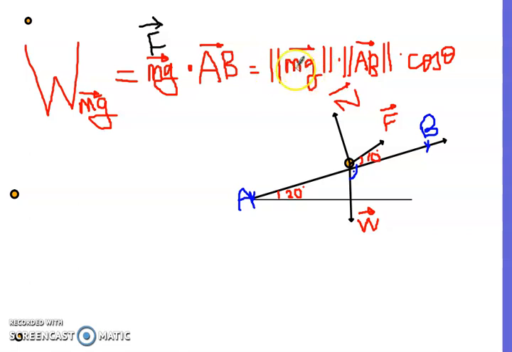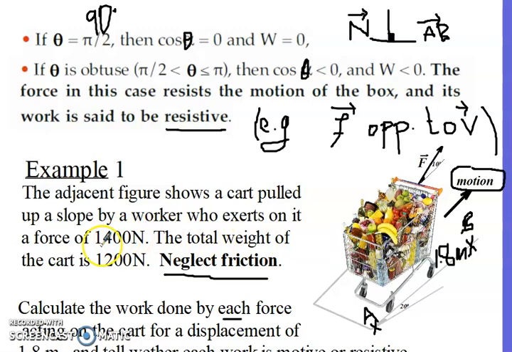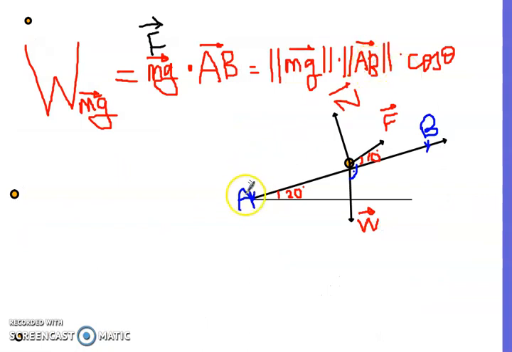Now what is the norm of the weight? Here the weight is given directly, not the mass. The total weight is 1200 Newton, and the distance AB from A to B is 1.8 meter. Okay?